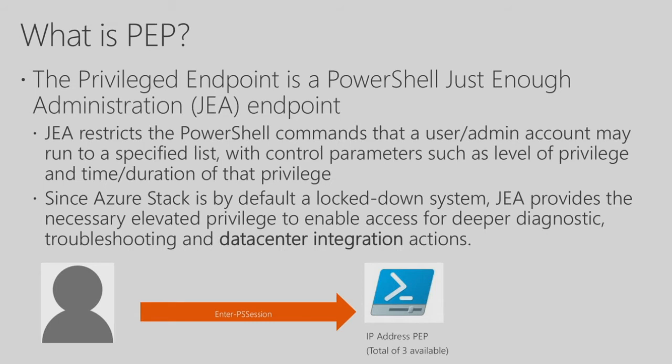There's one token that we have, and you get a token back from Microsoft support to unlock that PowerShell session. The takeaway I want you to have here is, for datacenter integration, you do not need to call support. We can run all the cmdlets required for integrating Azure Stack into a data center in locked mode. So you don't need to call support.